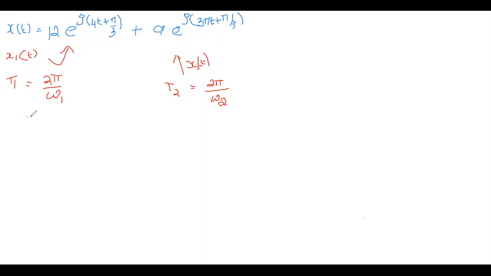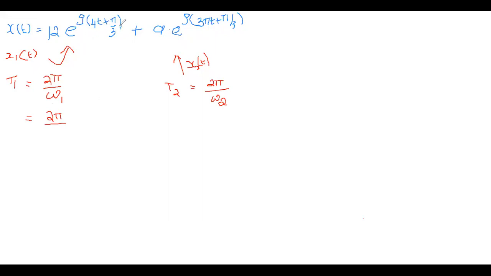Now tell me what is the fundamental time period of x1 of t. So 2 pi by omega 1. Can anyone respond? What is omega 1? Whenever I ask you about omega, you must compare the function with the generalized function e power j omega t.